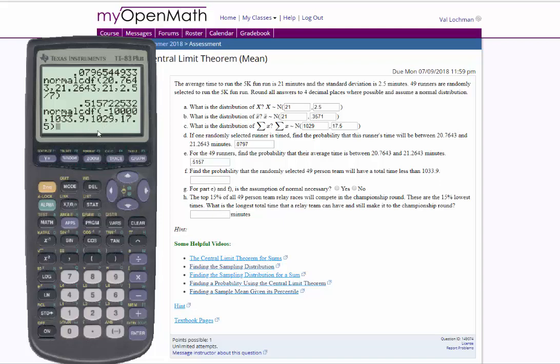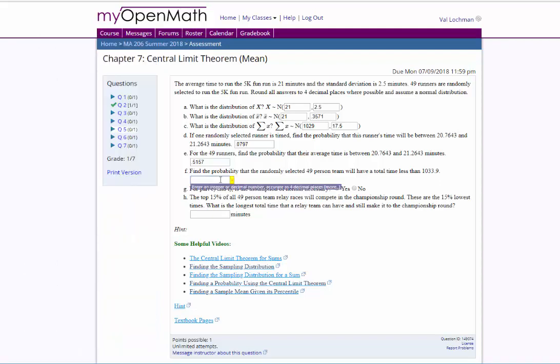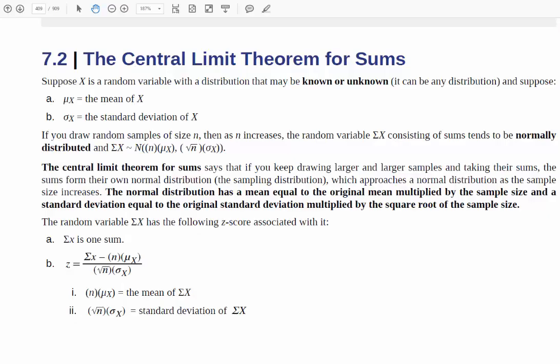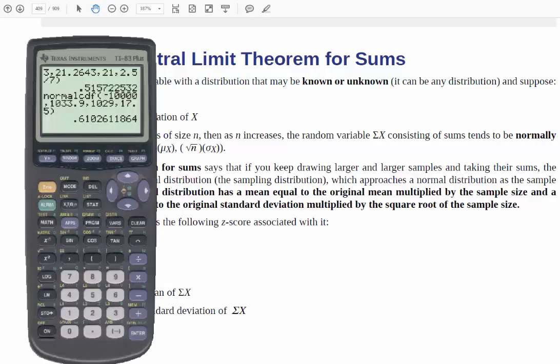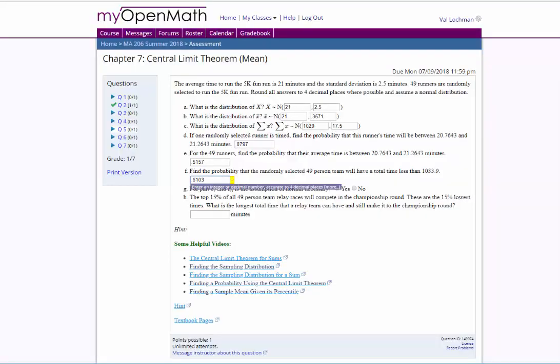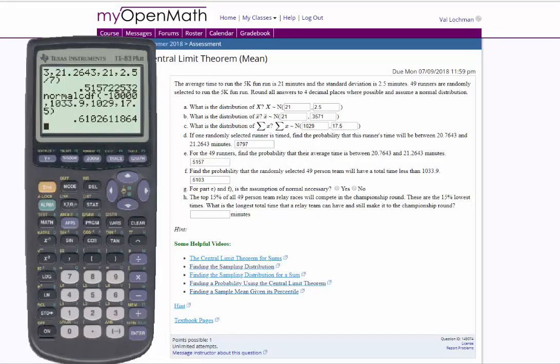So I know I should get greater than 50% chance. Okay, so 0.6103. That is my probability.